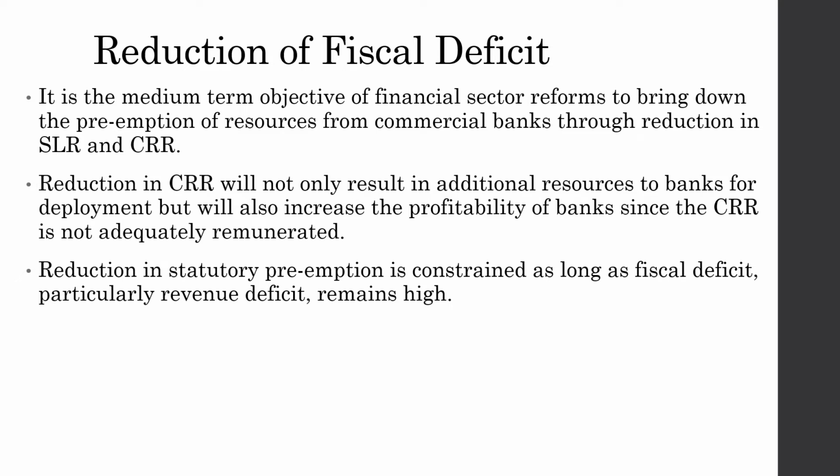A reduction in the cash reserve ratio will result in additional resources to banks for deployment, and it will also increase the profitability of banks. This is because CRR is not adequately remunerated.